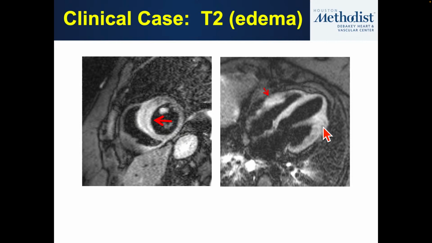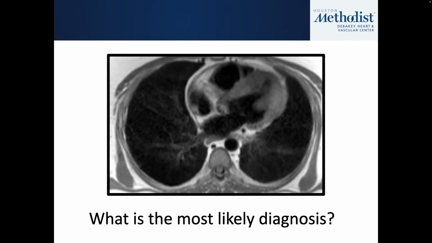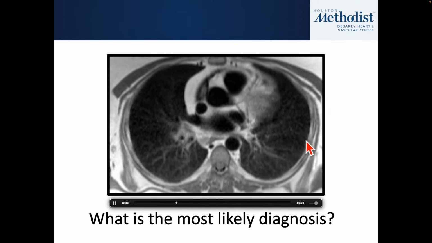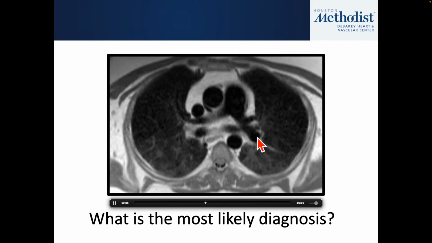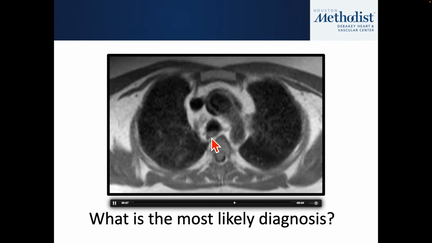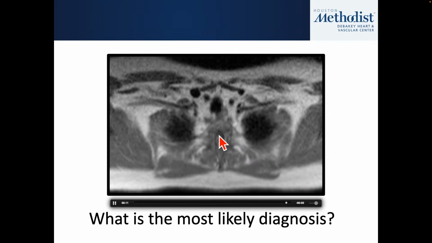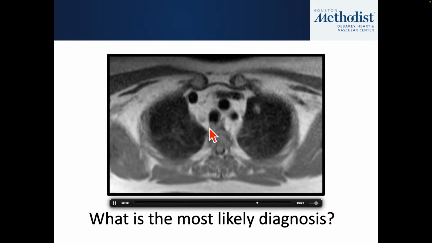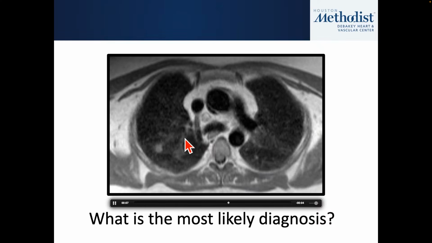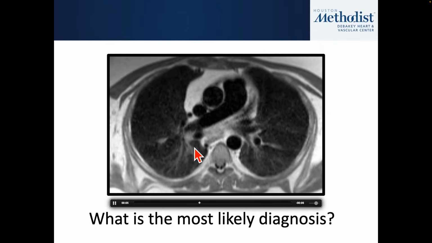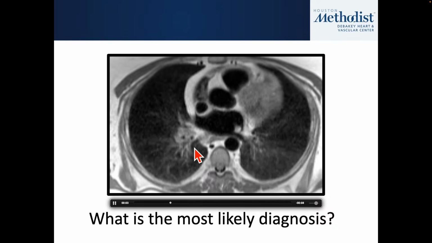And then lastly, all of these cardiac MRI studies will also get paired with an anatomic survey of the chest. And you can see here that there's these extensive areas of paratracheal lymphadenopathy. And as we start to come back down, you'll also see in the parahilar region as well that there's increased lymph node sizes.